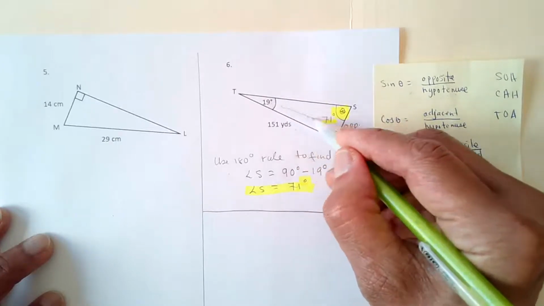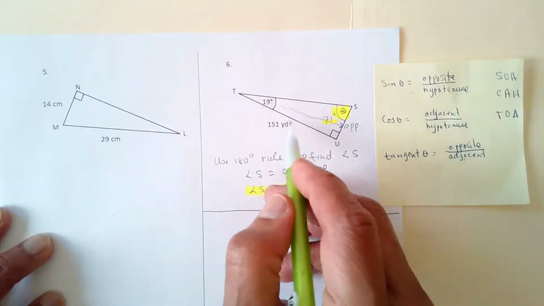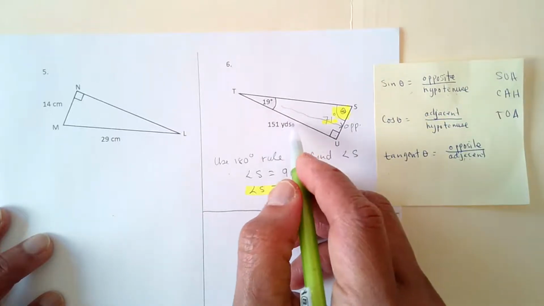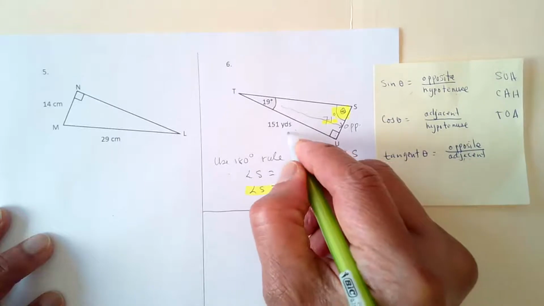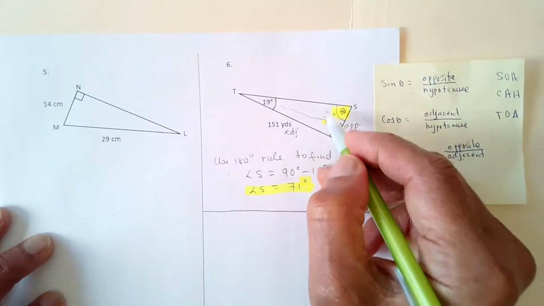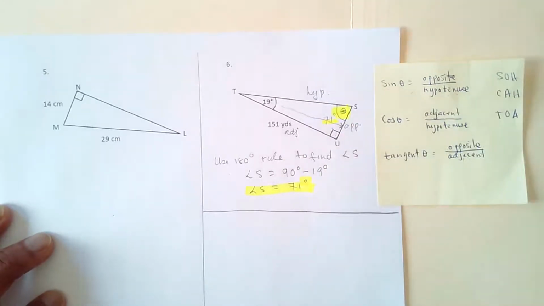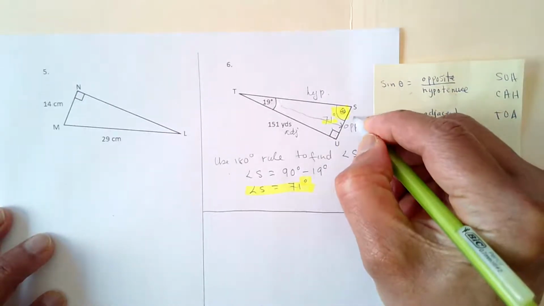So notice this is my opposite side here. Now, the 151 yards side will be my adjacent side. And the side opposite the 90 degrees will be hypotenuse. So let's find the opposite side, and we label that as side T.